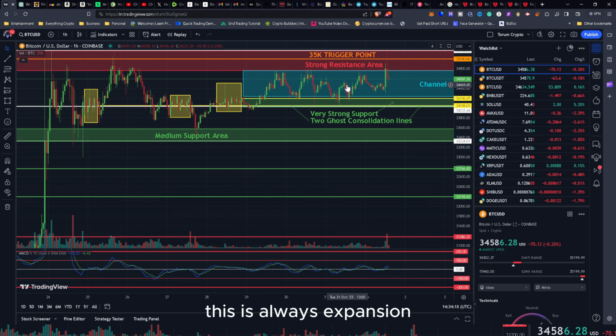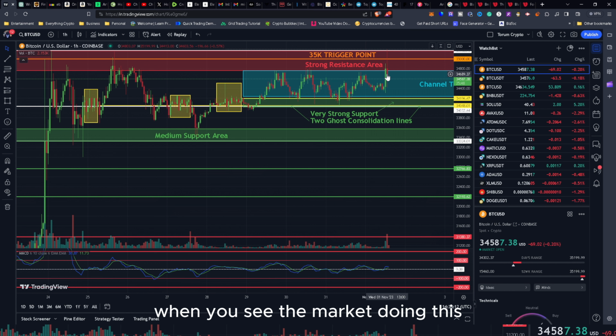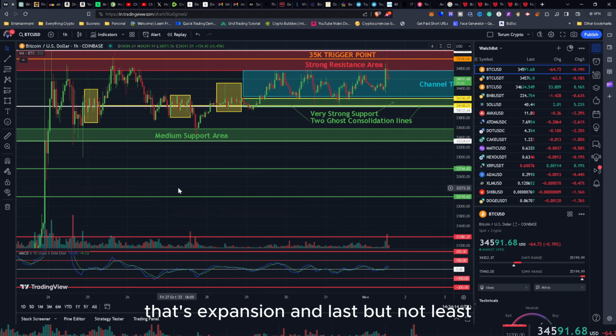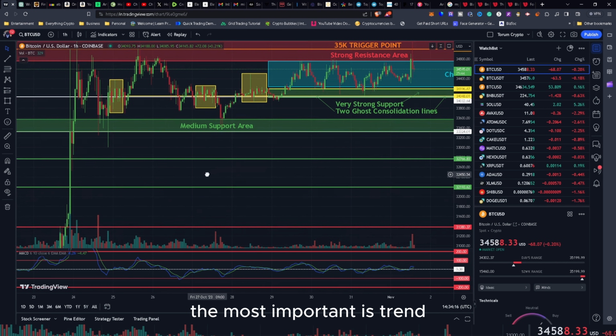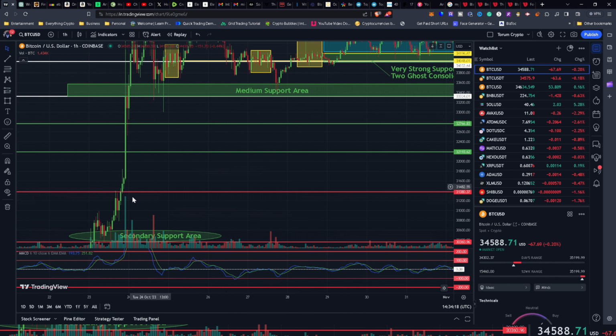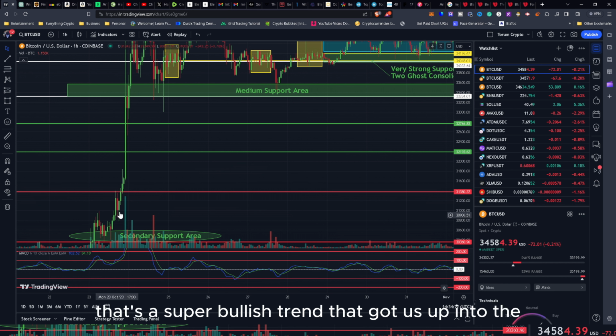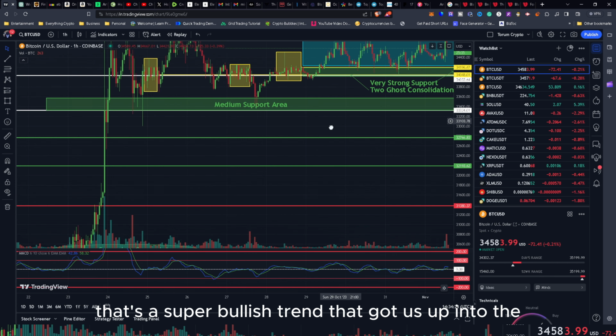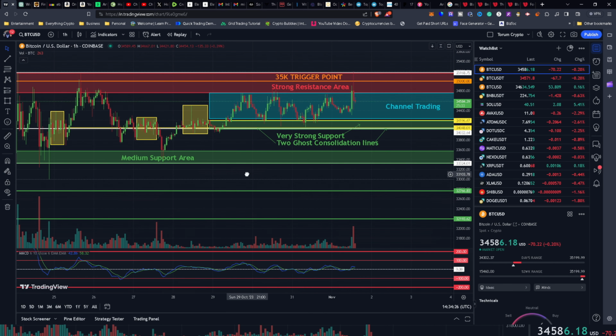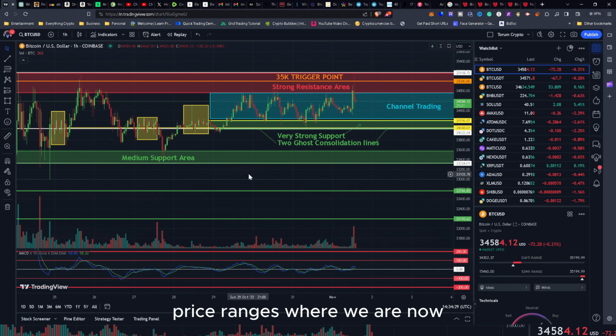This is always expansion. When you see the market doing this, that's expansion. And last but not least, the most important is trend. And that's this right here. That's a super bullish trend that got us up into the price ranges where we are now.